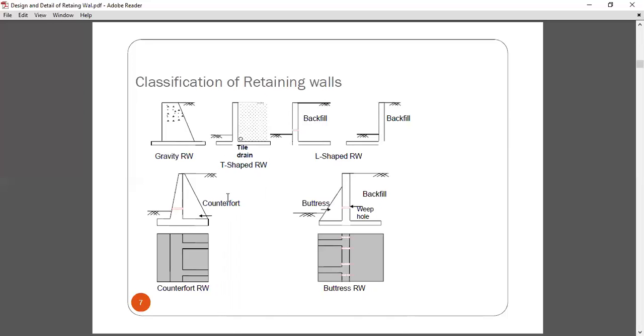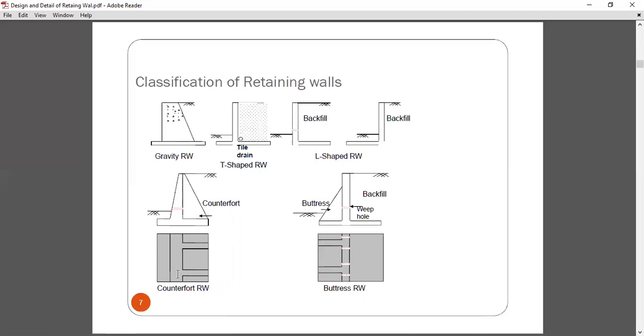Counterfort retaining wall. Sometimes it is necessary to support the retaining wall from the backfill side, so counterfort construction elements are built like a small beam and column combination at a particular distance between two counterforts.